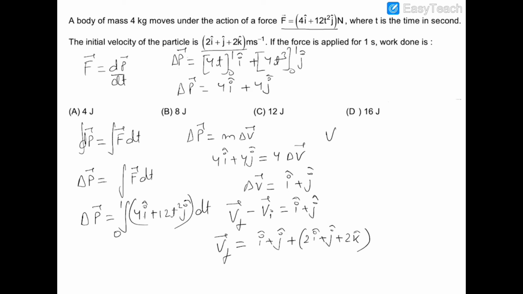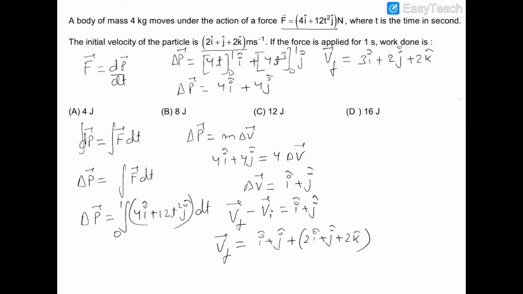Now V final will be equal to 3 I cap plus 2 J cap plus 2K cap. This is the final velocity.